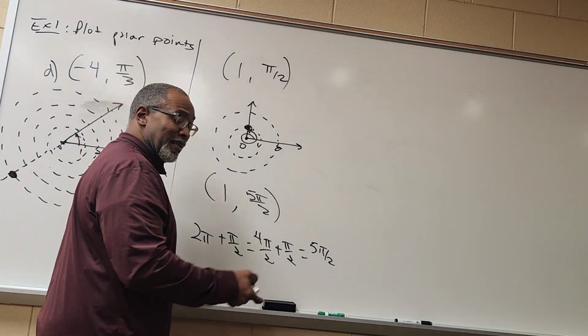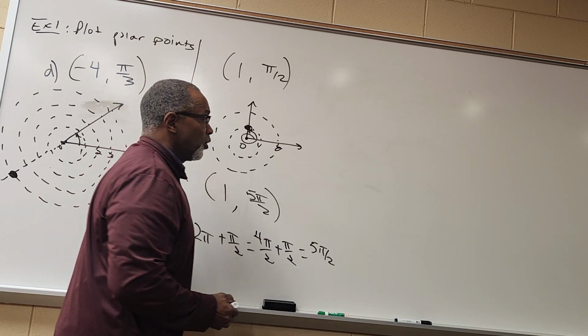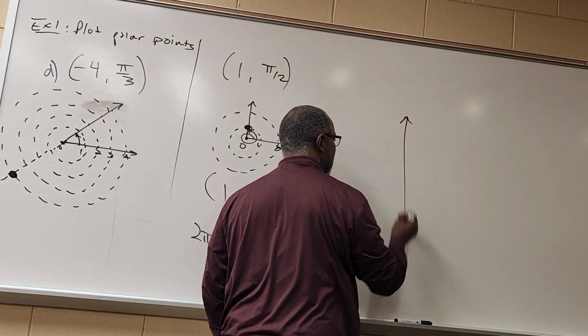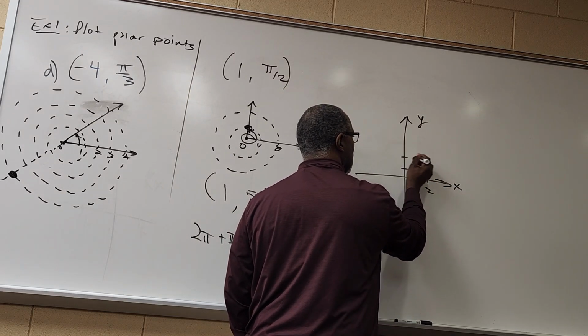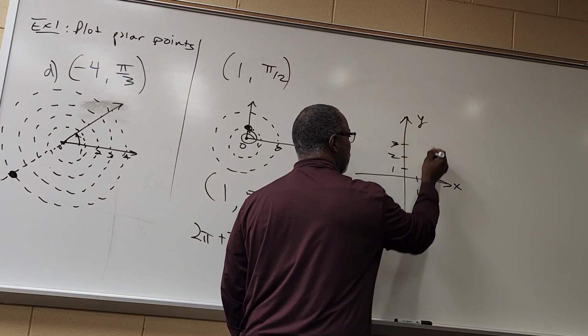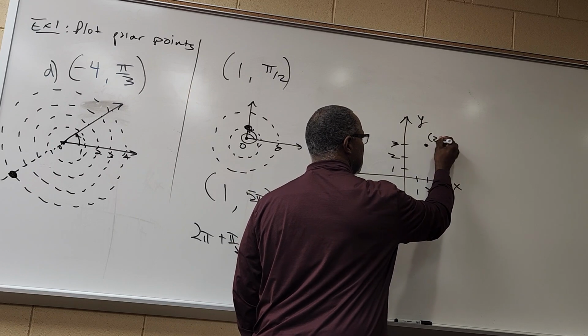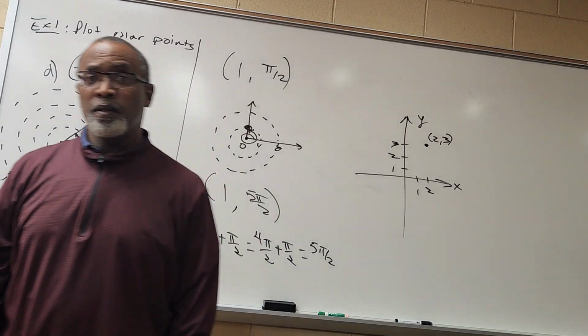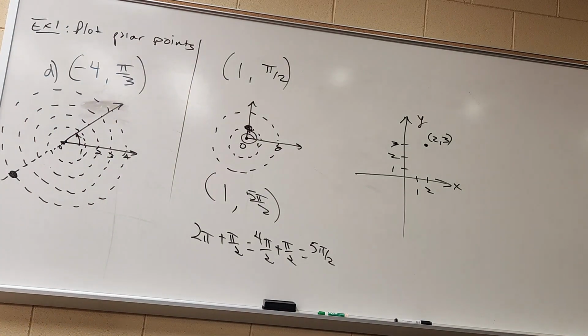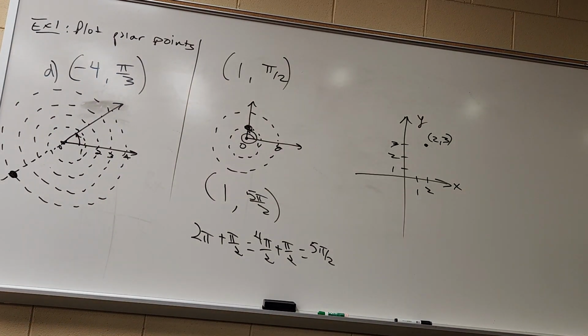So in rectangular coordinates, points were unique. If I plotted in the XY coordinate system the point 2 comma 3, there's only one point. That is a unique representation. That point is represented in one way and one way only.